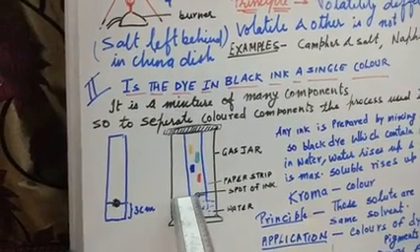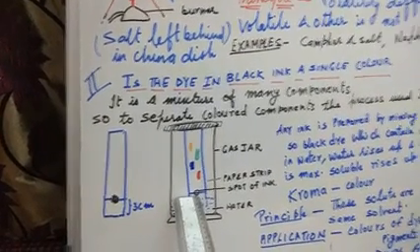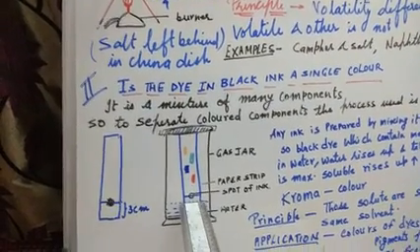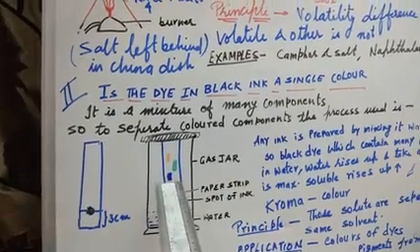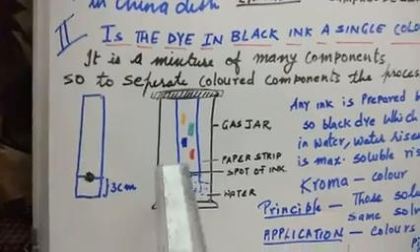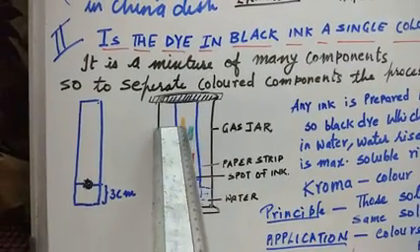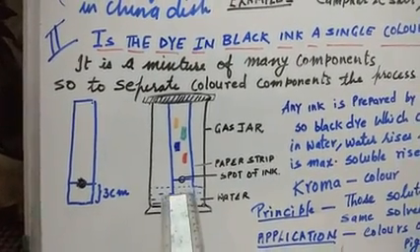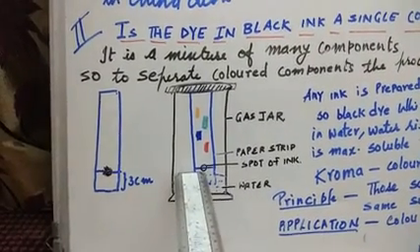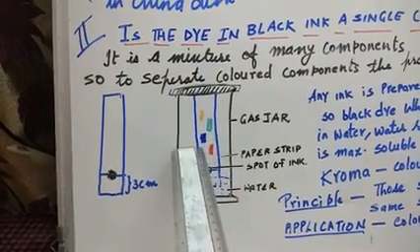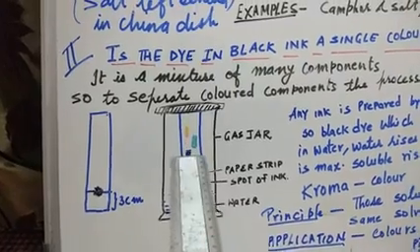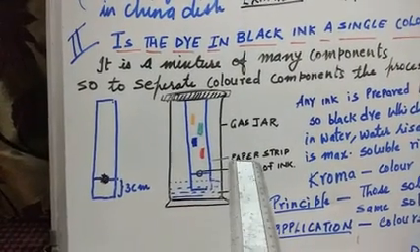As it comes to the spot of ink, it rises further, taking that ink also with it. After some time you will be able to observe different colored bands on this strip of filter paper. That proves that this black ink contains many colors. In this procedure, the colors are separating out.